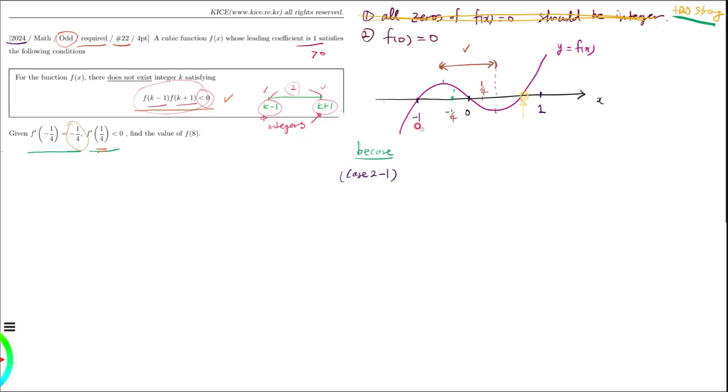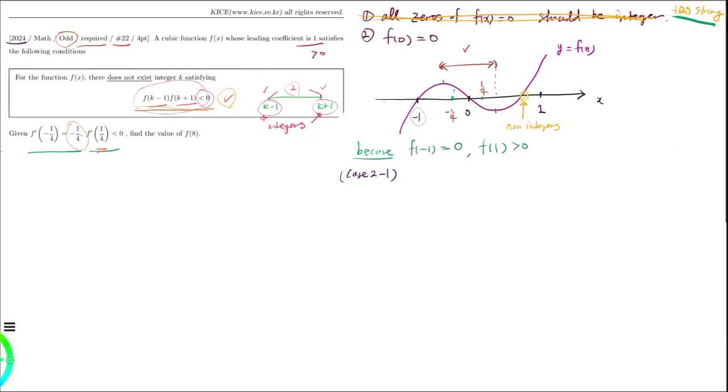Okay, let me finish this line. f of -1 is 0, and f of 1 is positive here, and this biggest zero becomes non-integer, and still it's okay.